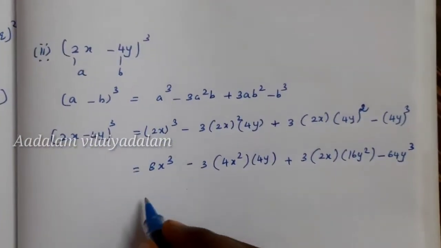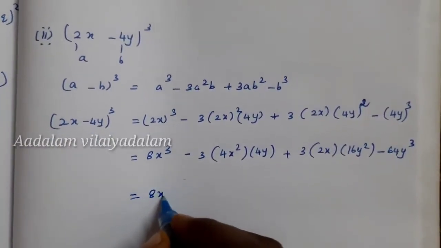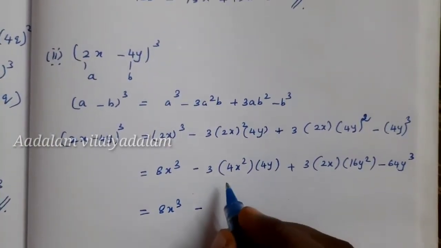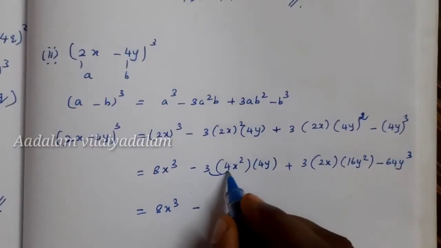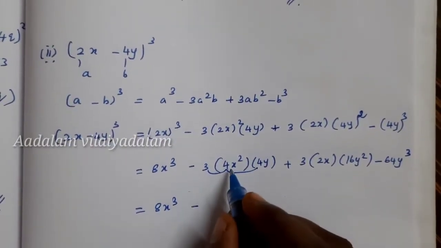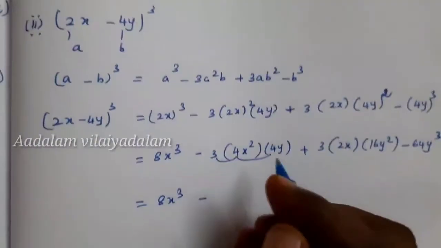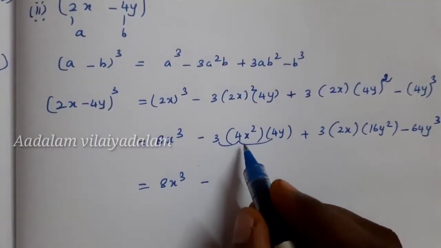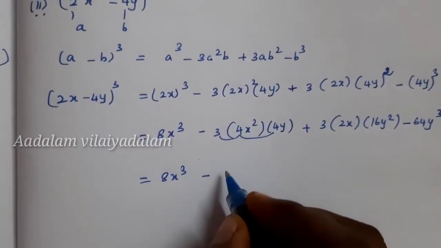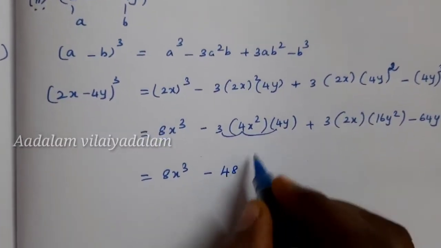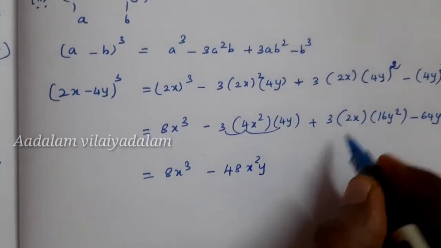Then 8x cube minus, just multiply the numbers, that is 3 4s are 12 and 12 4s are 48x square y.